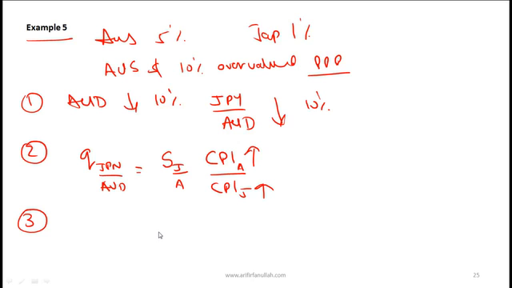So we are already told that the interest rate differential is 4%. Australia 5%, Japan 1%. Interest rate differential is 4%. Now, given the international Fisher effect, the interest rate differential will be the same as the inflation rate differential. So the inflation rate differential is also 4%.